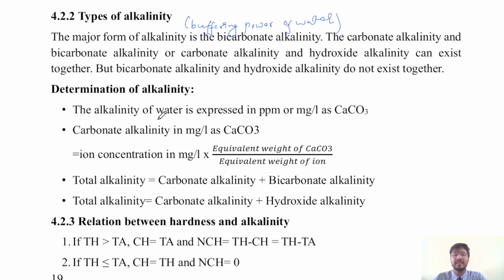Alkalinity is not the same as pH. pH tells us how acidic or basic water is. Alkalinity tells us how much acid the water can absorb without changing pH much.